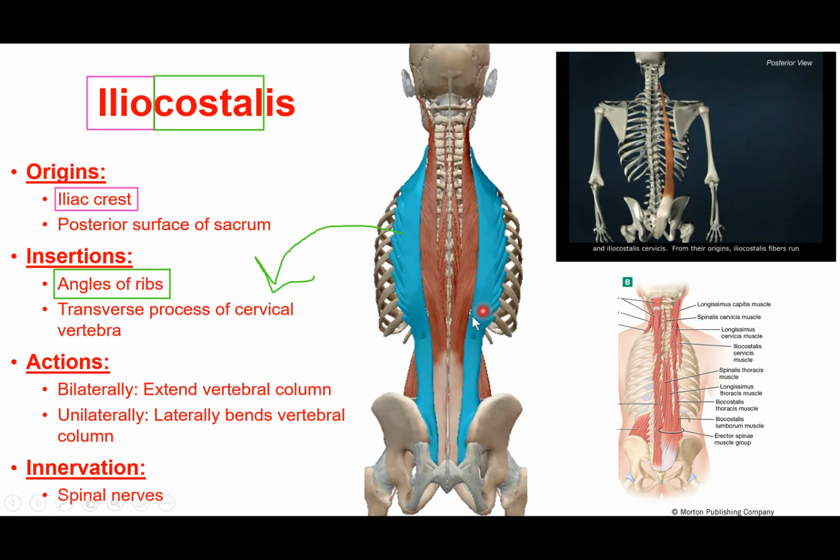The iliocostalis thoracis, which is going to be the part that corresponds to the thoracic vertebra. And then the iliocostalis cervicis is going to be the part that corresponds to the cervical vertebra.